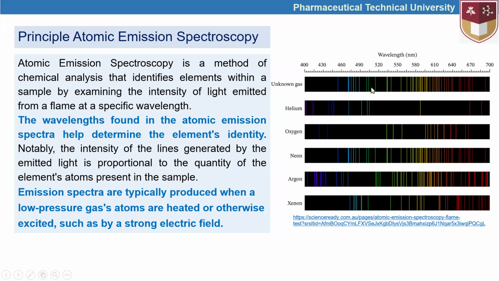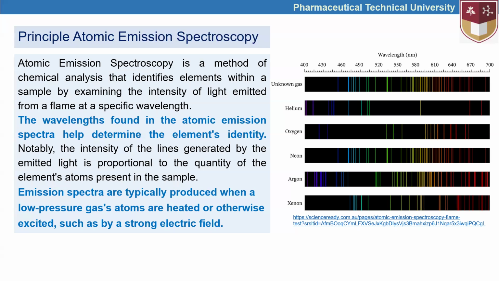So the emission spectrum results from the excitation of the electrons from their ground state to upper electron shells, which are farther from the nucleus. So when they are coming closer and coming back to their ground state, they cause the emission.